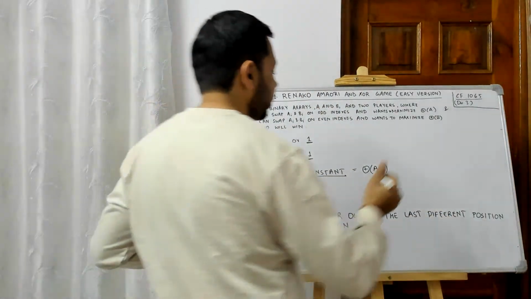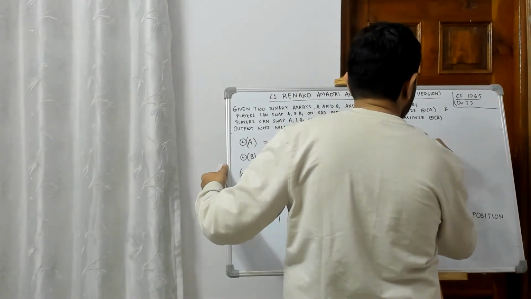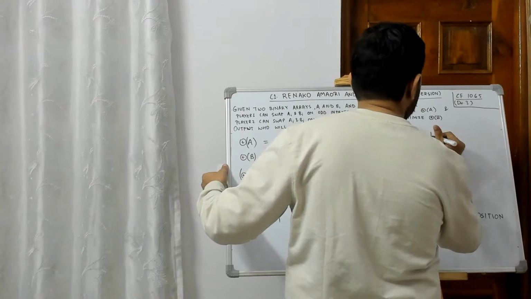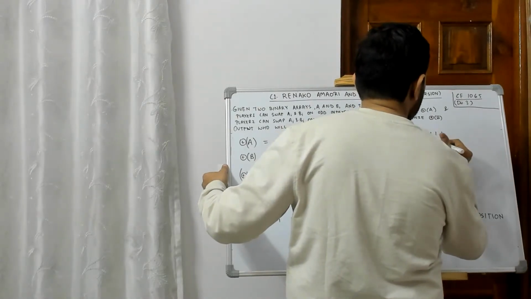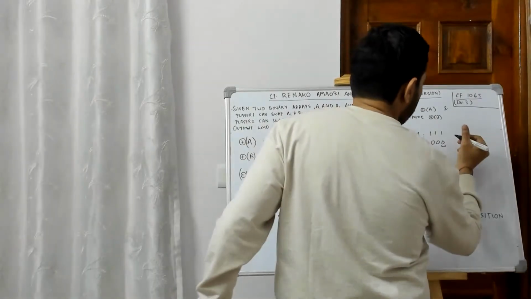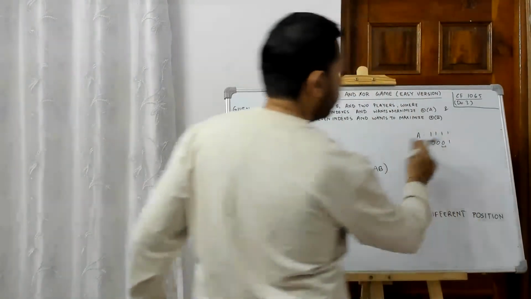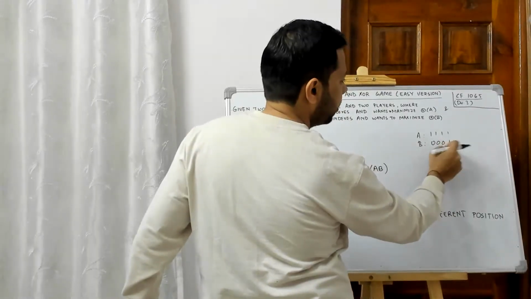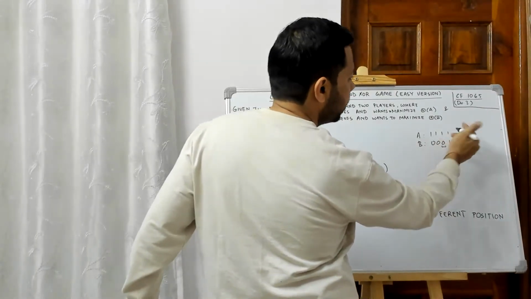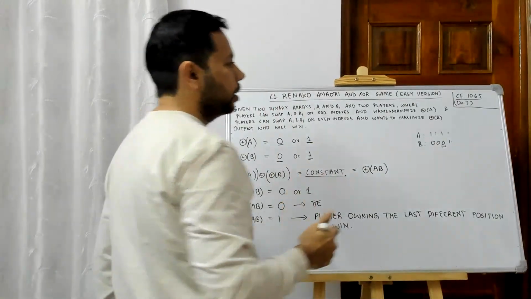So it does not matter if this is, let's say, A and B or something like this, 1 1 1, 0 0 0, then player 1 is going to win because this is different. And let's say there is 1 1 here, although player 2 has a position after this position, but since this is the same position, no matter what player 2 does, it is not going to change the answer.